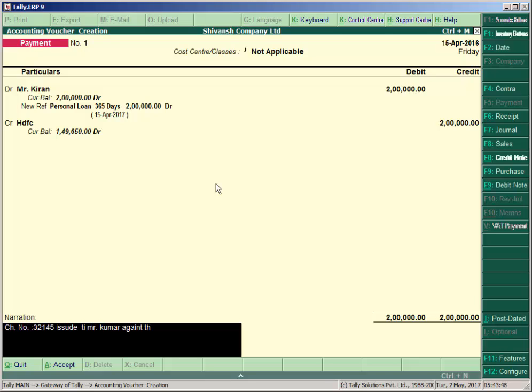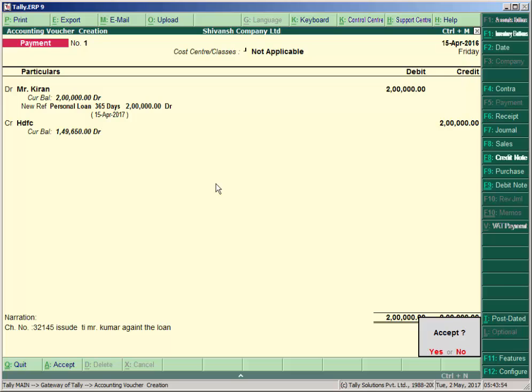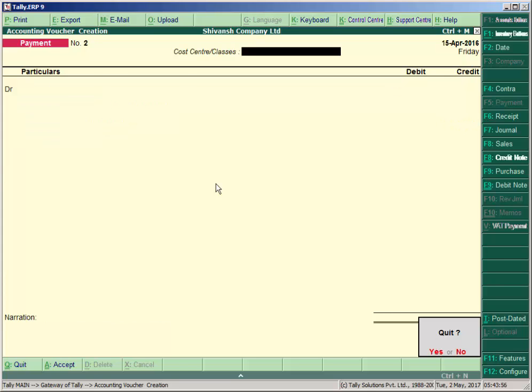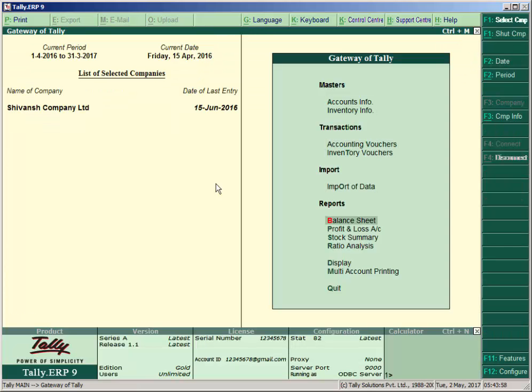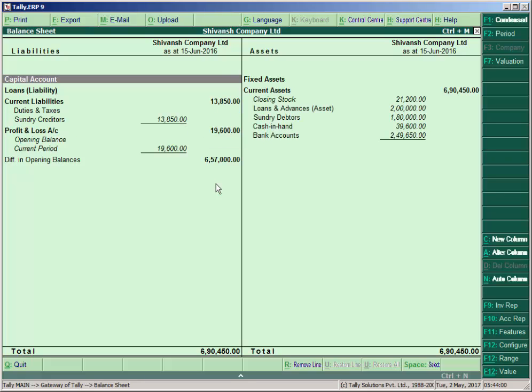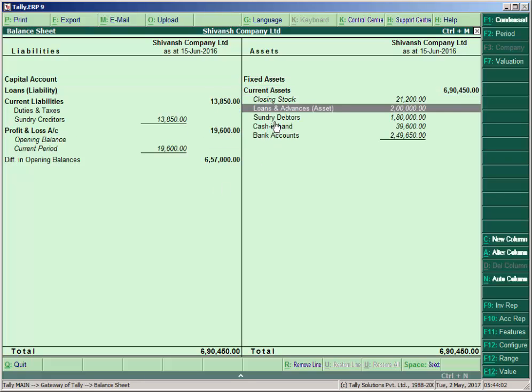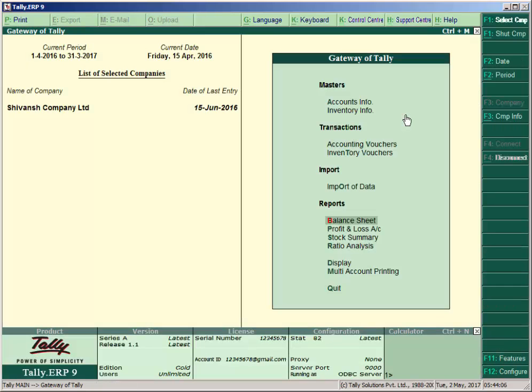Then go to the balance sheet and see here the Loans and Advances asset. The 2 lakh amount is showing here. Then go to accounting voucher again.